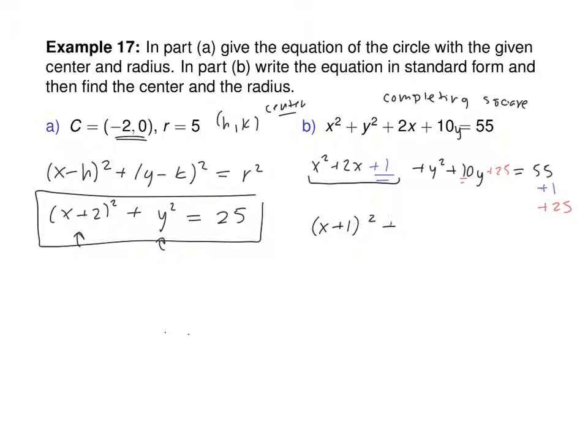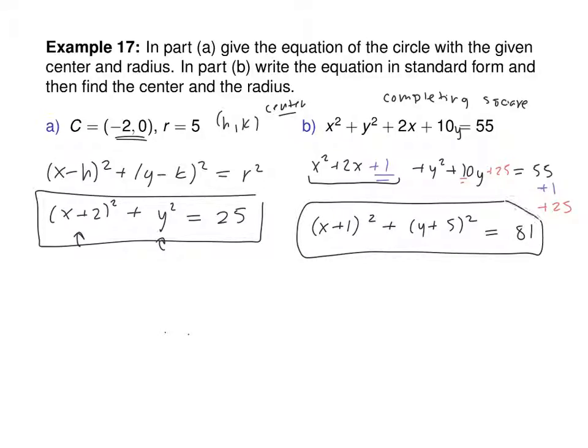Squared plus y plus 5 squared equals, great. So then where's the center for that circle? Where's the radius? 9. Great. Okay.